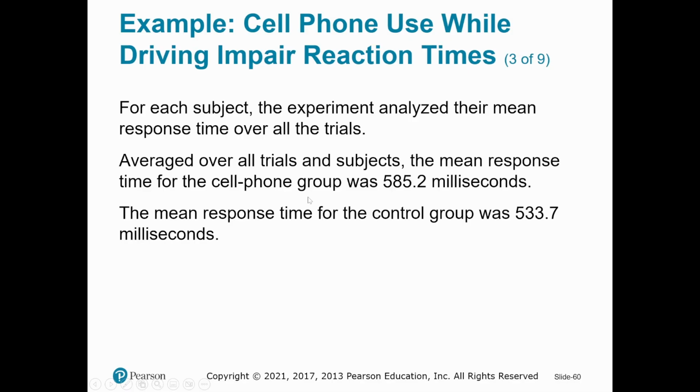For each subject, the experiment analyzed their mean response time over all the trials. Averaged over all the trials and subjects, the mean response time for the cell phone group was 585.2 milliseconds. That seems pretty long. Just for your own edification, a millisecond is a thousandth of a second.